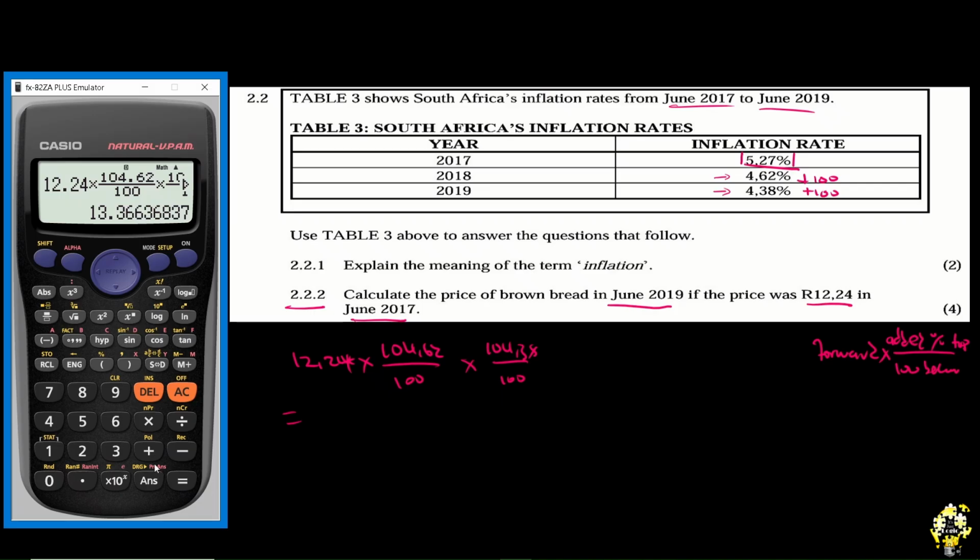What do you get? You actually get 13.36636837. Let's round it off to 2 decimal places. It's simply going to be 13.37. Simple, right? See, now I can see that smile on your face.